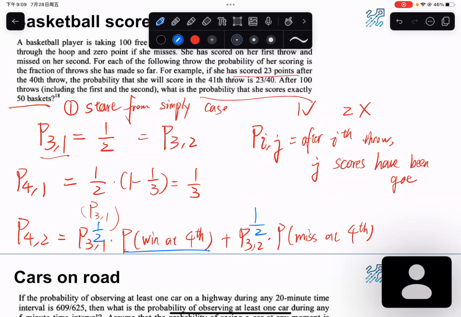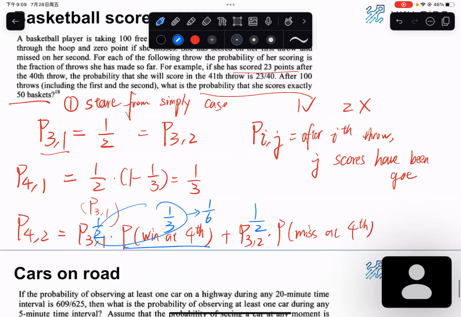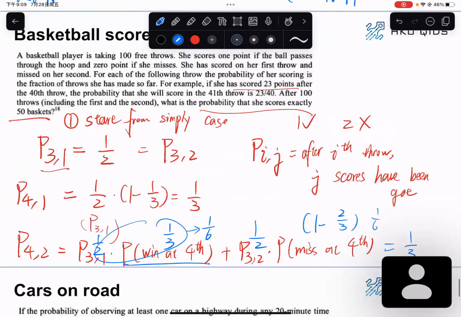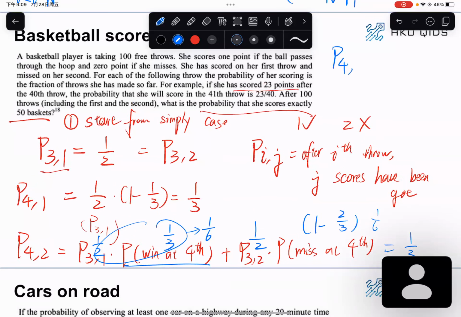And win at the fourth, as we see, if it is P3/1, then it is 1/3, which gives us 1/6. And if we miss at the fourth, when we already got 2, then it is going to be 1 minus 2/3, which is also 1/6. So in total, this is going to be 1/3 again. And you are going to find that P4/3 is also 1/3.